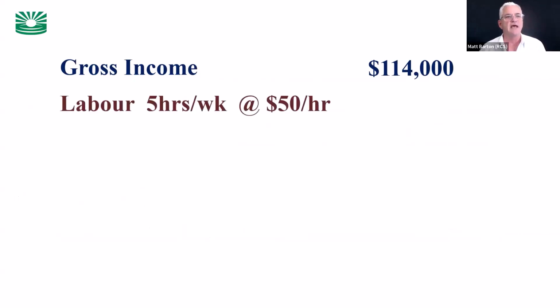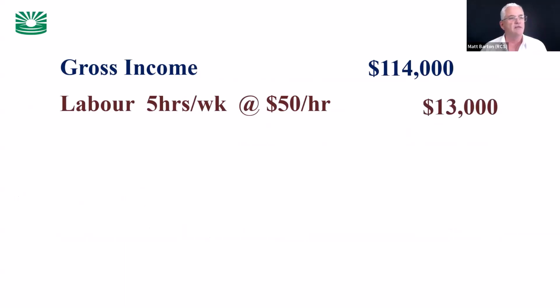Labour. If we're running this on the side, it should really only take us about 5 hours a week. We might move them once a week and set up the water so it's pretty safe. We don't have to check it every day. I've put $50 an hour because the person I'm employing, me, comes with a ute and a bike and tools, so I'm fully serviced.